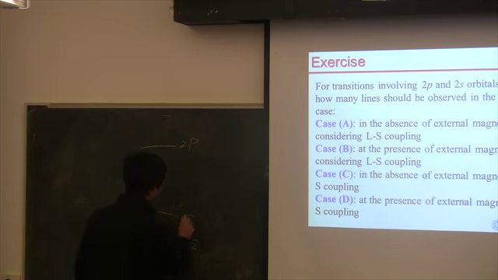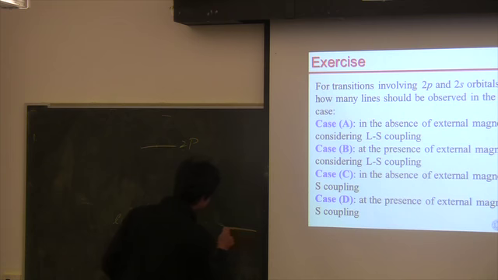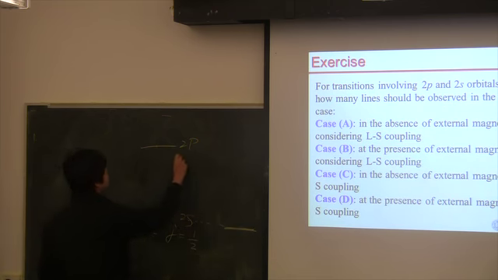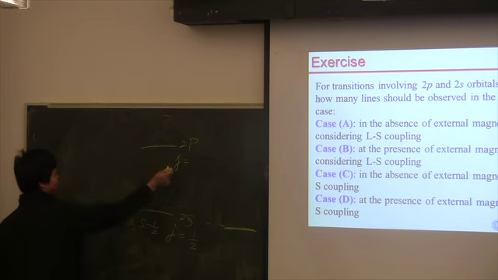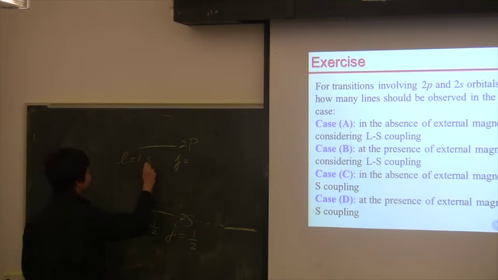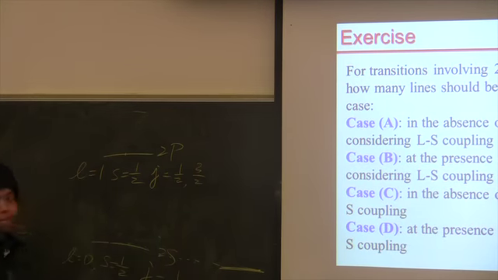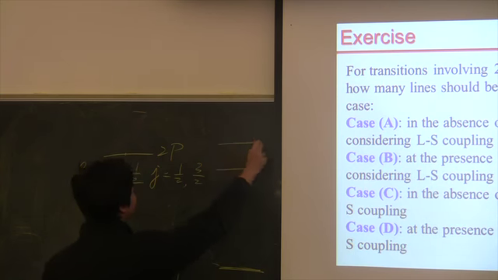So this will not split. Okay, how about P? Then again, we need to consider what are the J values. To calculate J, we need to get L first. So we'll split into two states.